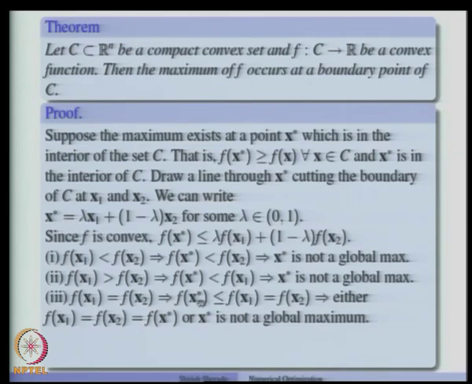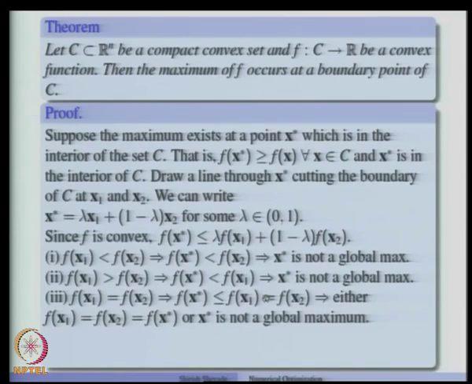And if we consider the third case where f of x1 equals f of x2, which means that f of x star is less than or equal to f of x1 and f of x1 is nothing but f of x2. So, there are two possibilities. If the inequality is strict, then f of x star will be less than f of x1, which again is a contradiction to x star being a global maximum. So, the only thing which is possible is that f of x star equals f of x1 equals f of x2.